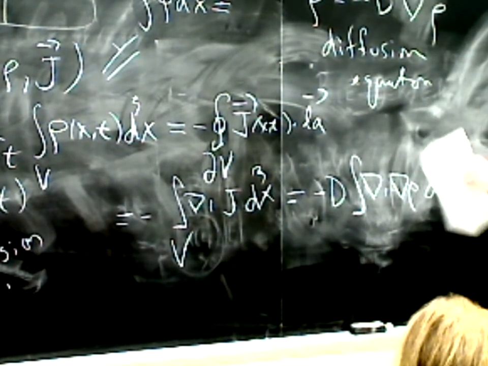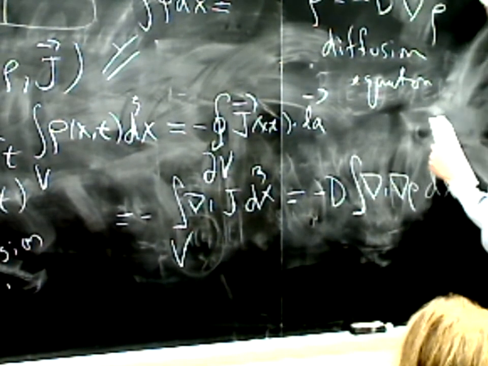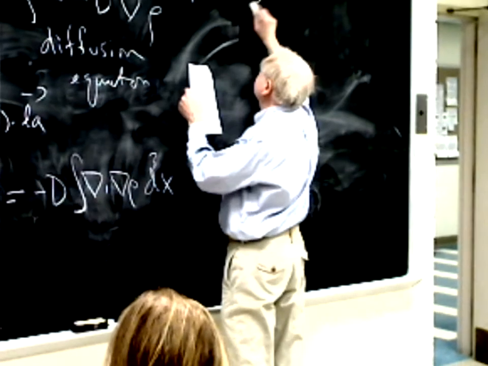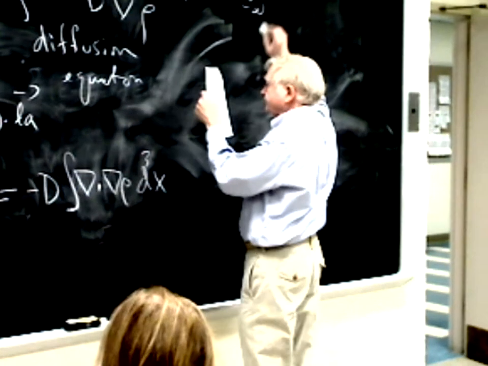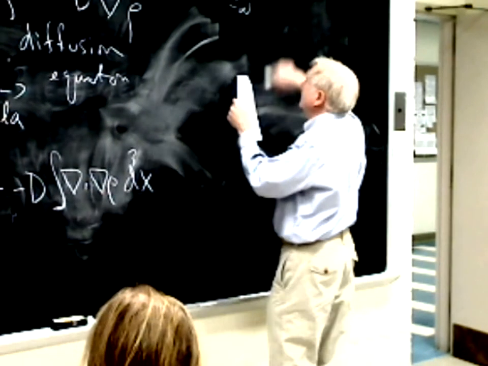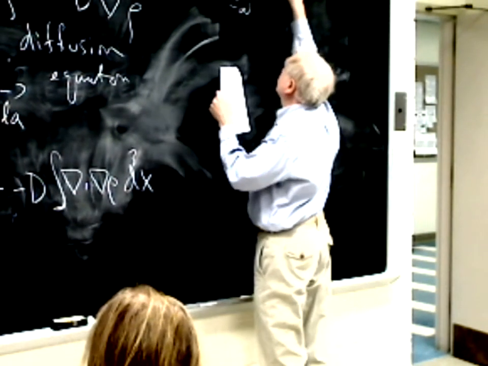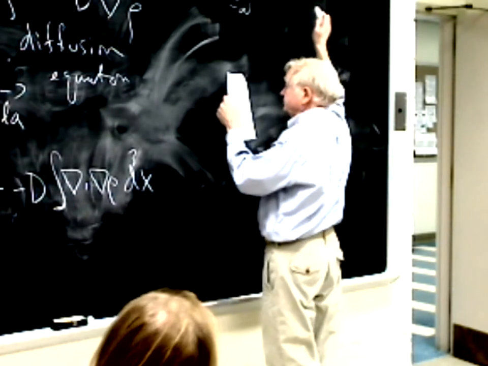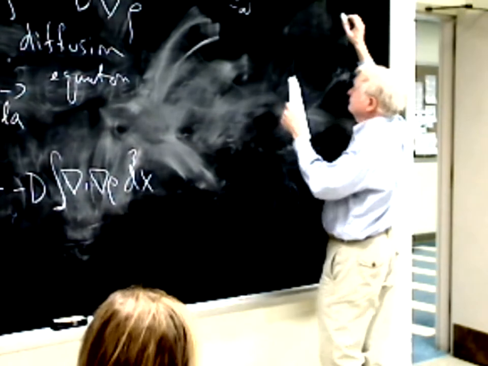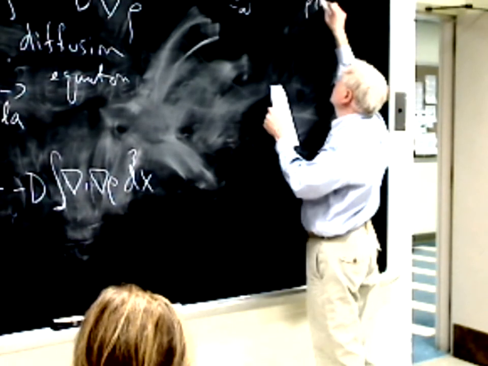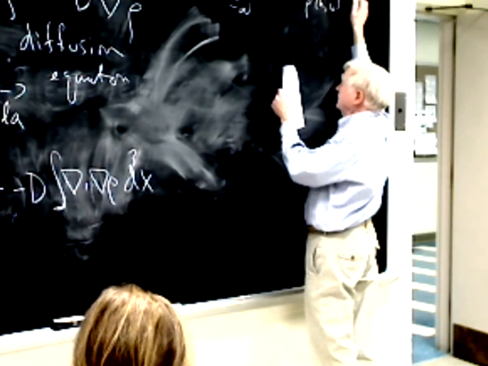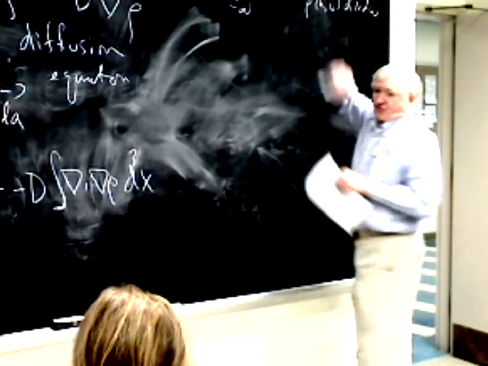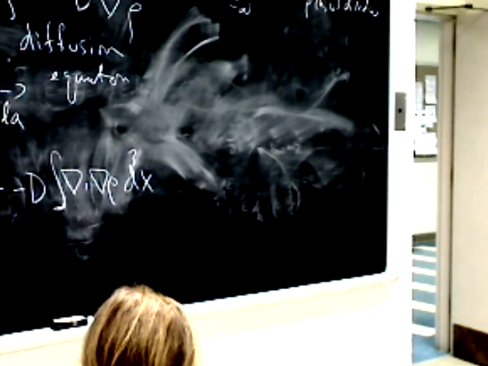Well, we're going to use the technique we just learned. We're going to let rho of x and t be some Fourier transform, integral of e to the i(k dot x minus omega t) rho hat of k and omega, d cubed k d omega. That's a four-dimensional Fourier transform.